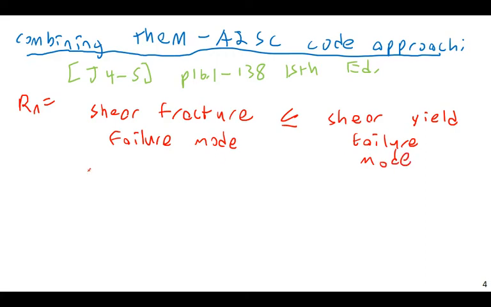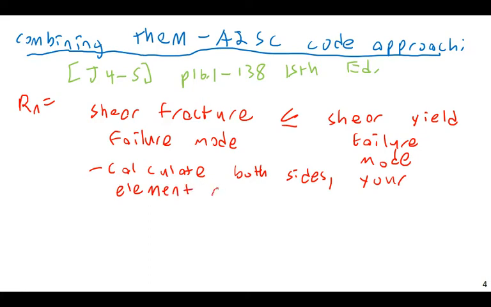And so you calculate both sides of the equation, and your connection or your element will only be able to stand the lesser. Your element can only take the lesser of these two.